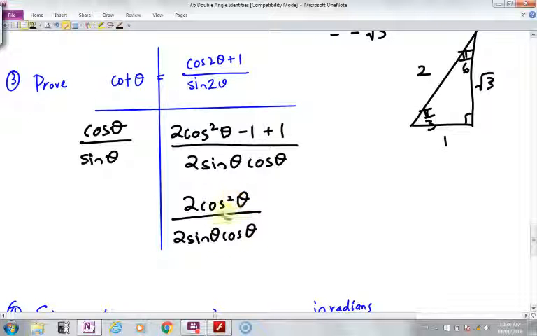Now, because this is a single term divided by a single term, I can divide out the 2s. I can divide out one of the cos thetas. And then look at me, I have cos theta over sine theta, and the left side equals the right side. And everyone says yay.